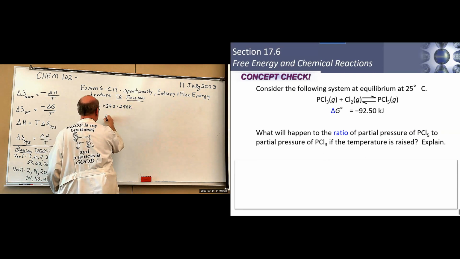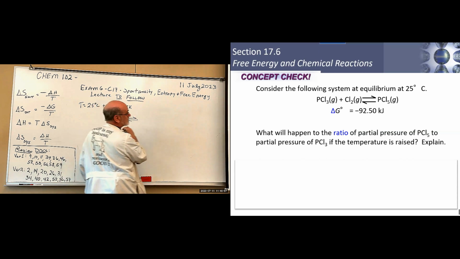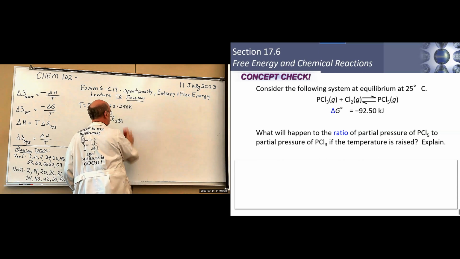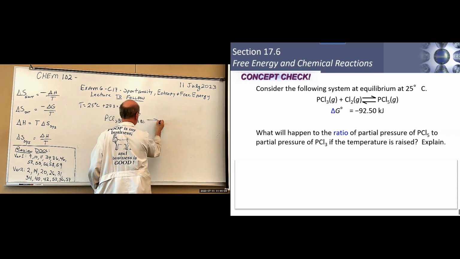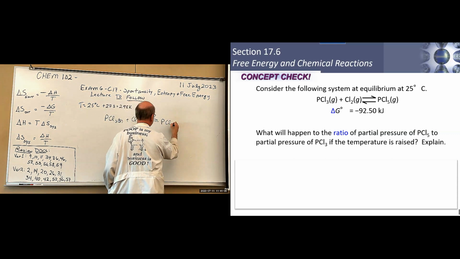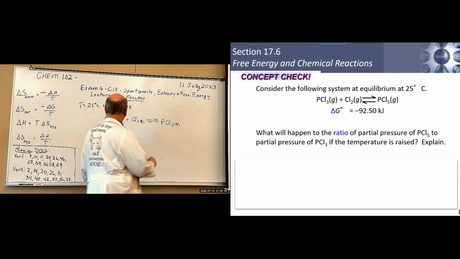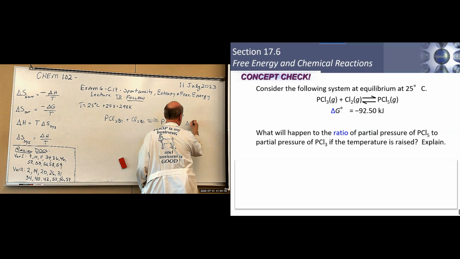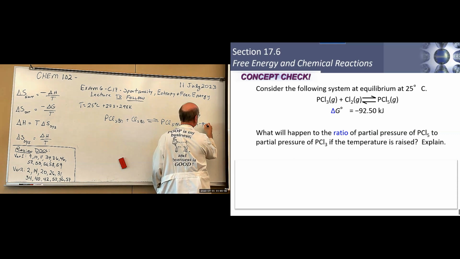And we're taking PCl3 gas plus chlorine gas forms PCl5 gas. And delta G for this one, under standard conditions, is minus 92.5 kilojoules.